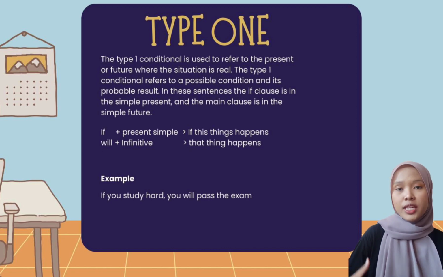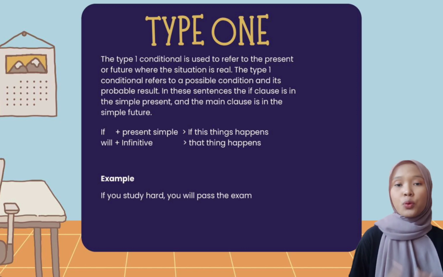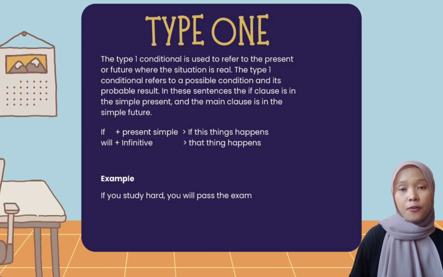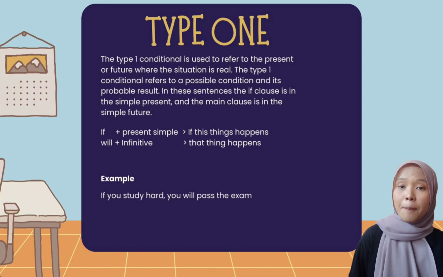The type 1 conditional is used to refer to the present or future where the situation is real. The type 1 conditional refers to a possible condition and its probable result. In this sentence, the if clause is in the simple present and the main clause is in the simple future.